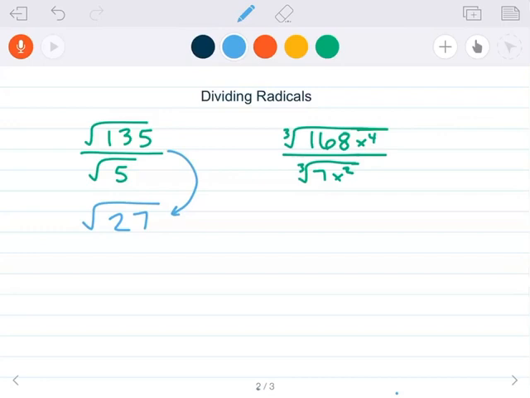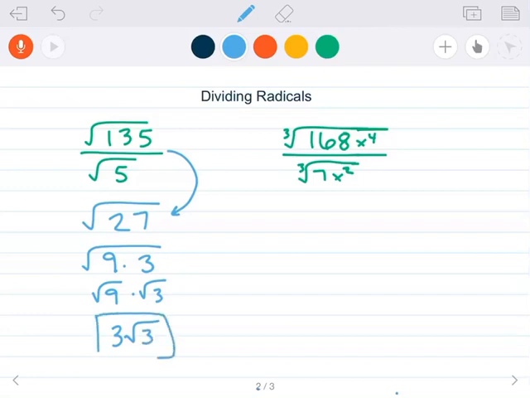So square root of 27, the biggest perfect square that goes into that would be 9. So we're working with 9 times 3. The square root of 9 becomes 3, and I cannot do anything to simplify the square root of 3 further. So the square root of 27 would be written as 3 square roots of 3 in its simplified form.